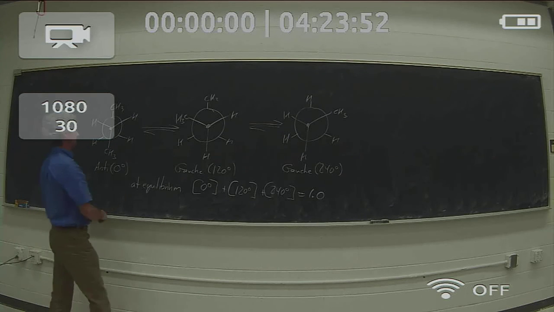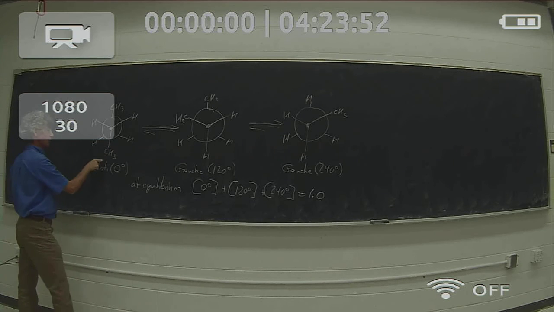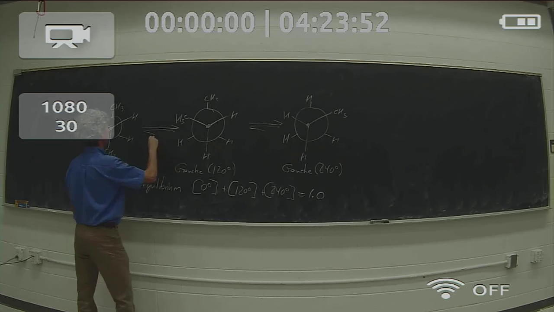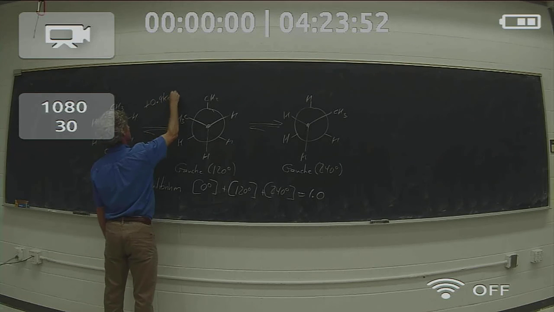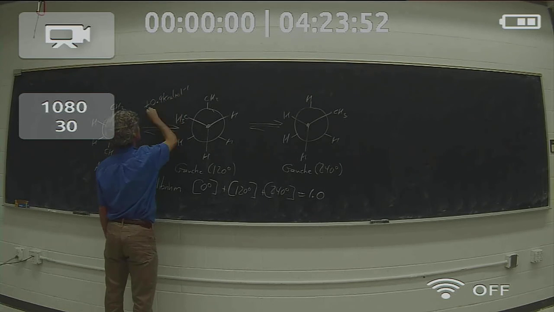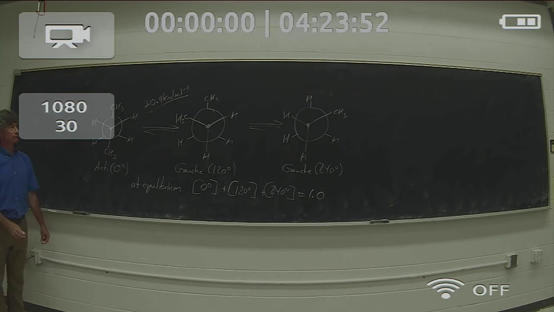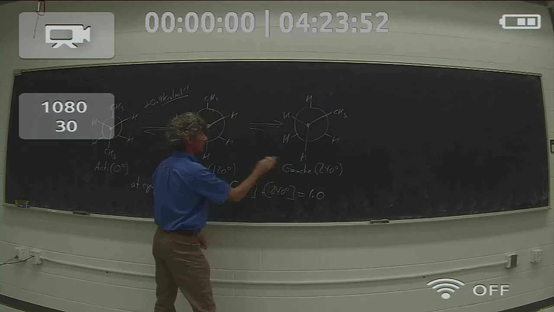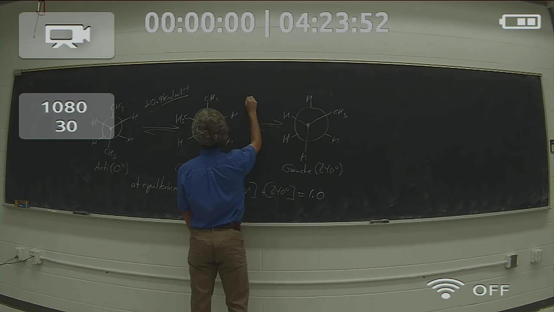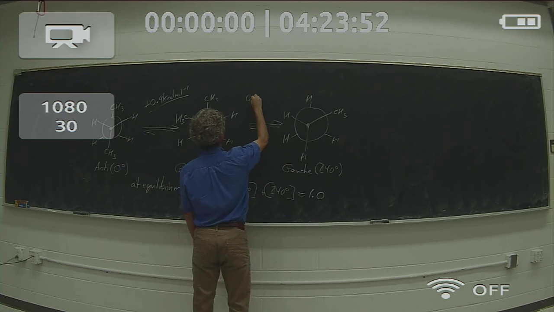I know that the energy change from going from the anti to the gauche conformer is plus 0.9 kilocalories per mole. And I know that the energy difference between the gauche conformer 120 and the gauche conformer 240 is 0 kilocalories per mole.